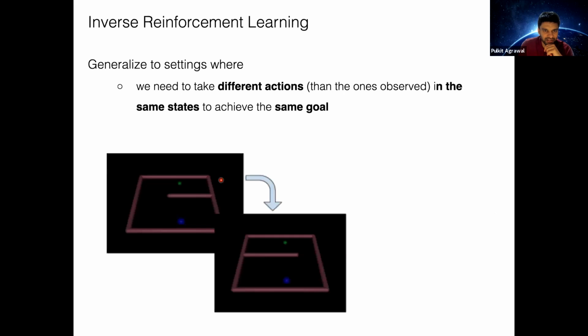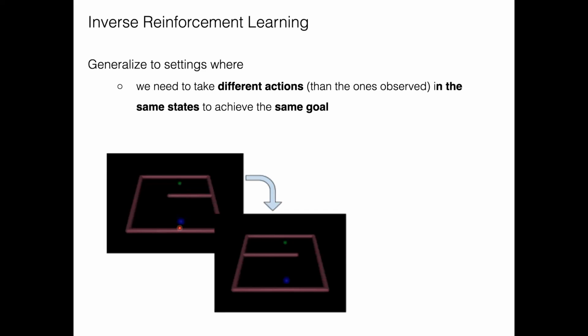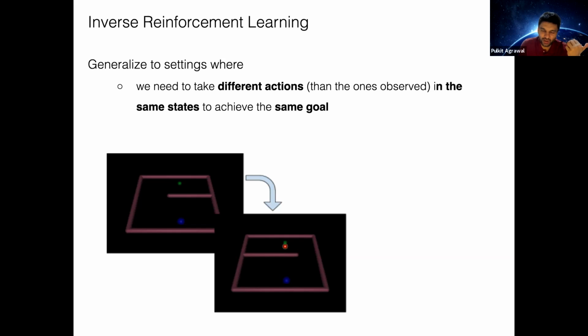Just to give an intuition, for example, consider I want to move this blue ball to this green location. If I give a demonstration, it would go from the left and then go to the green. But if I change the environment to have a wall like this, now all my actions have to go towards the right. And so if I do any kind of behavior cloning or frame by frame matching, it is not going to work.